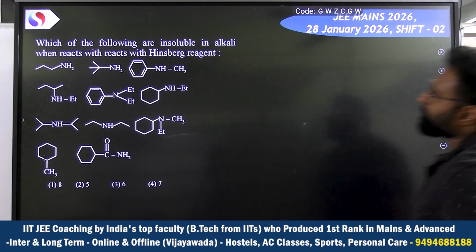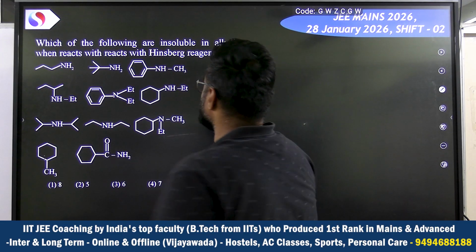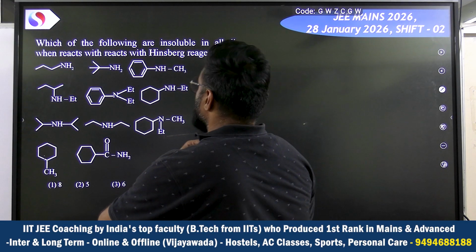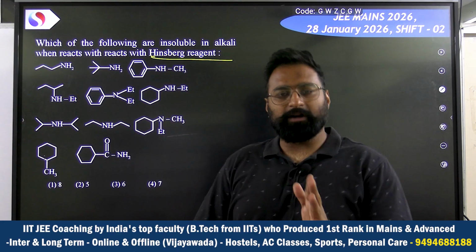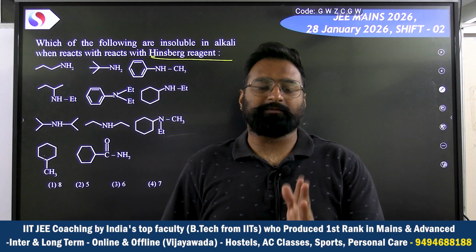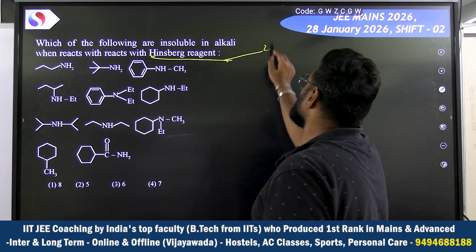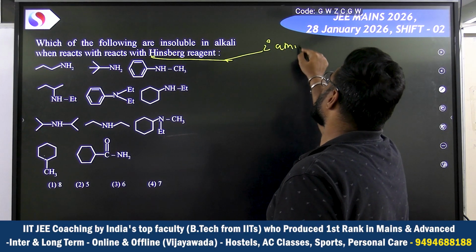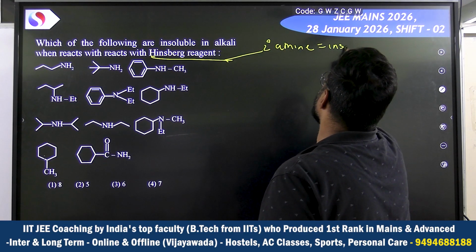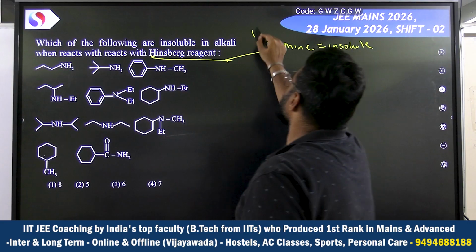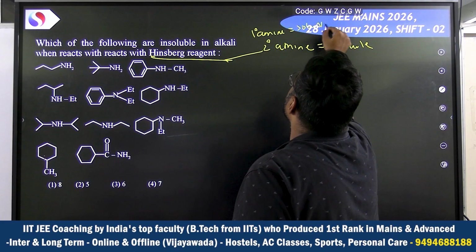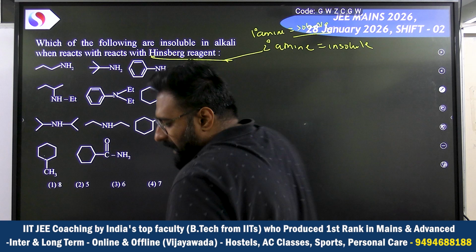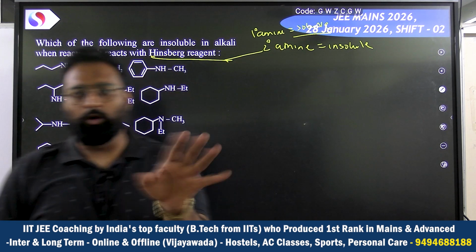Now next question. Which of the following are insoluble in alkali when reacted in the Hinsberg test? Hinsberg reagent, Hinsberg test. So for the Hinsberg test, what do we need? 2 degree amines are insoluble. 1 degree amines are soluble. Correct? And 3 degree amines, no reaction.